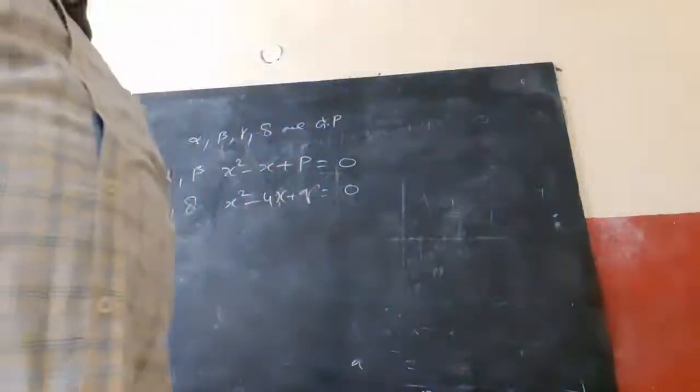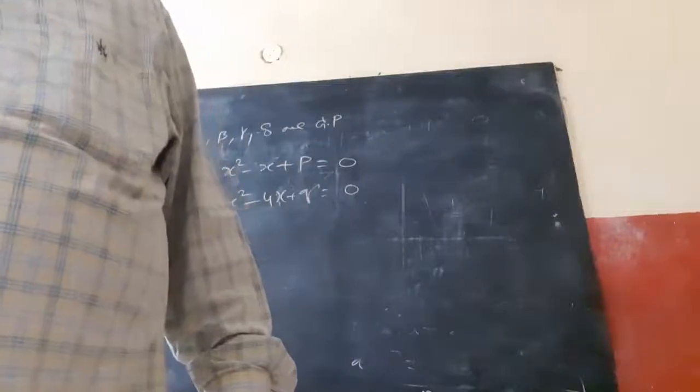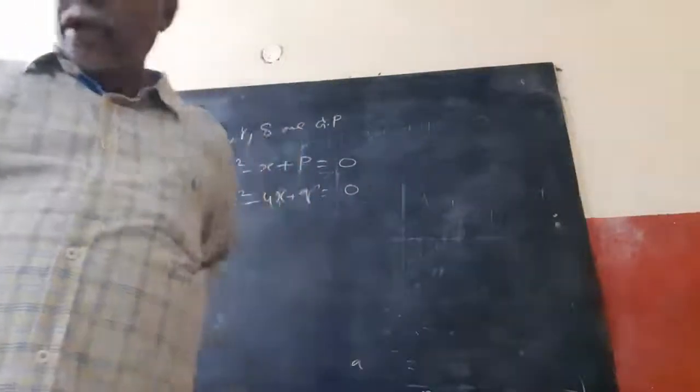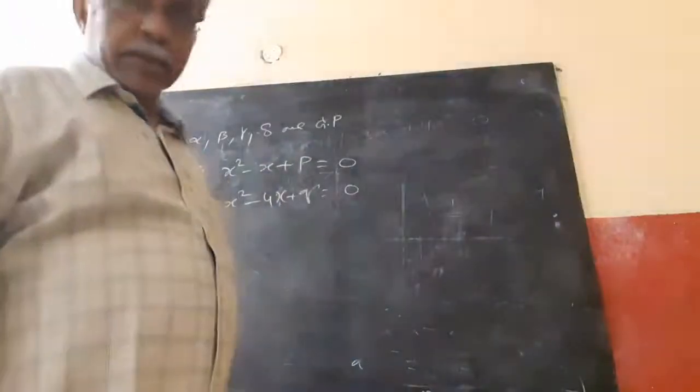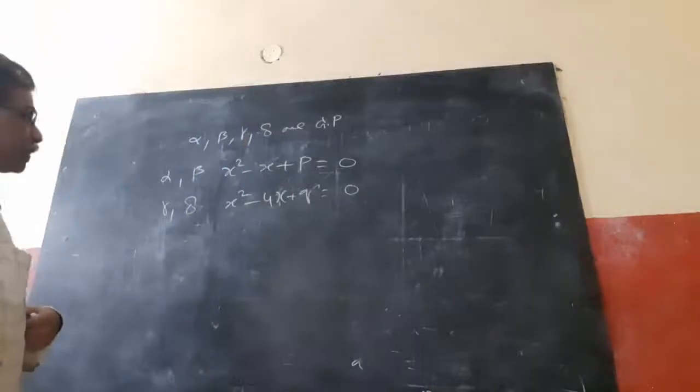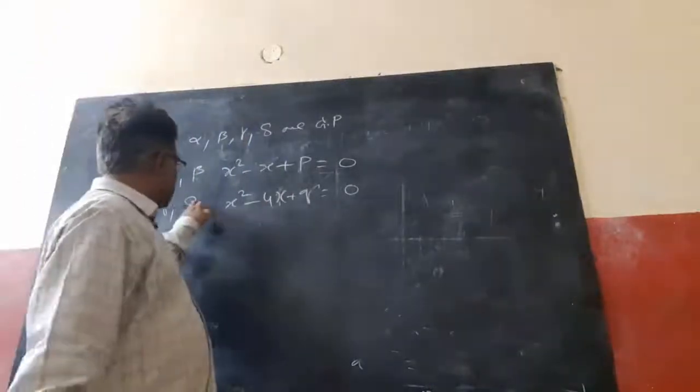Gamma, delta are the roots of the equation x square minus 4x plus 2 equal to 0. Where p, q are integers, then the values of p and q are asked.